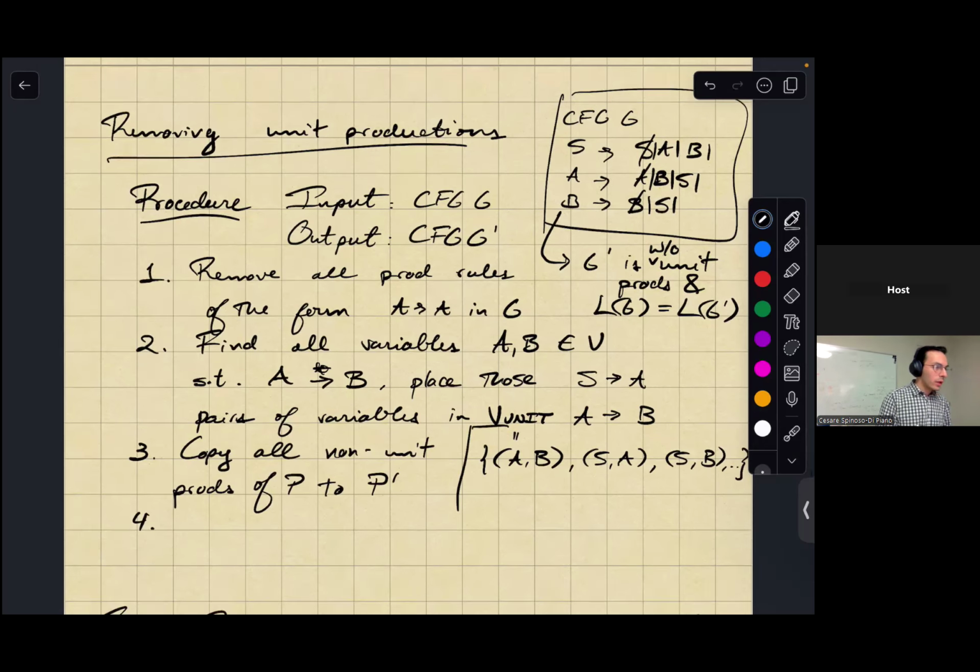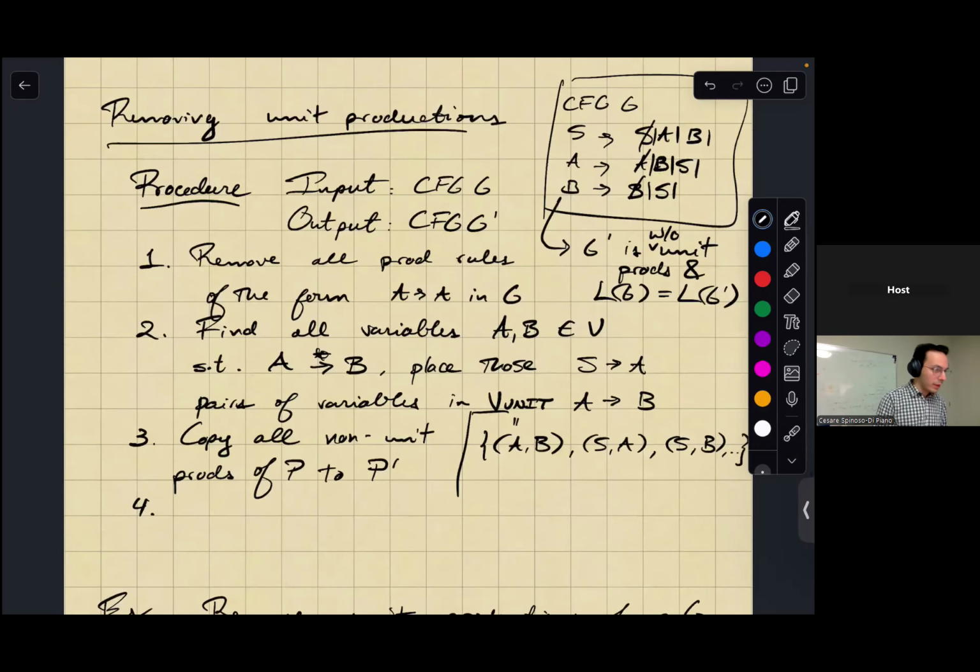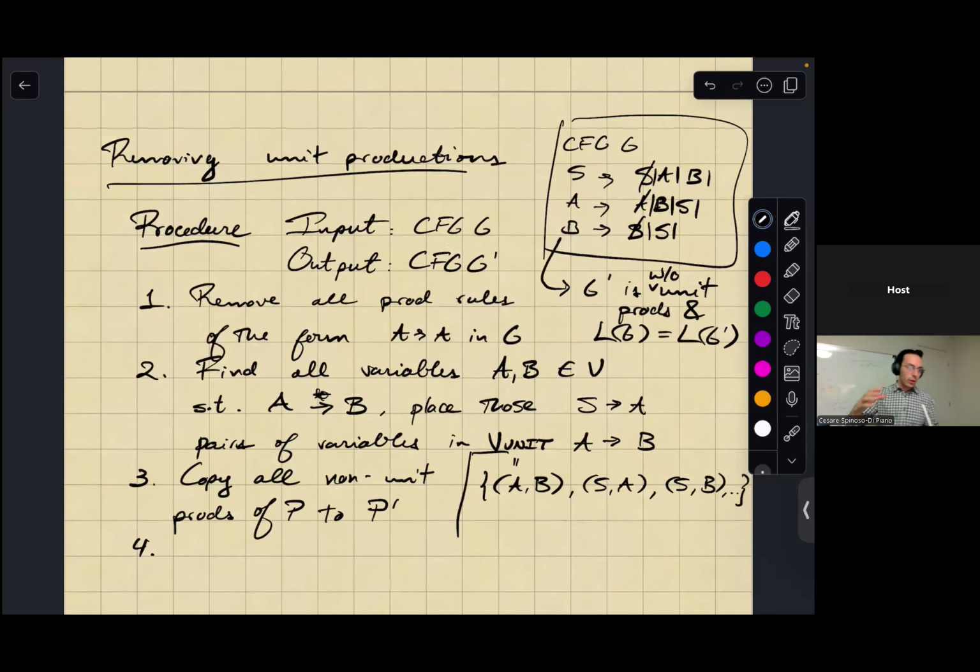And then 4, whoops, you can already see the example. 4 is essentially going to be, right? So now this is the actual crux of the algorithm. What have I done, right? I had a bunch of production rules.